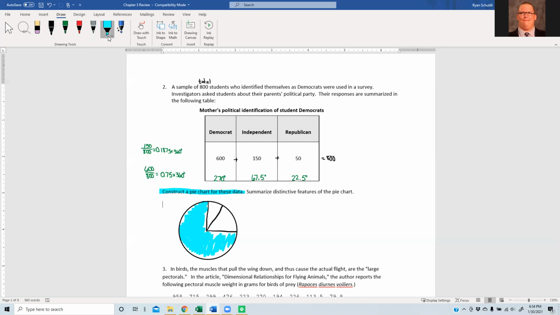Okay, that's going to be close enough. So this one's going to be our independent. Just trying to make it as nice and neat as possible.